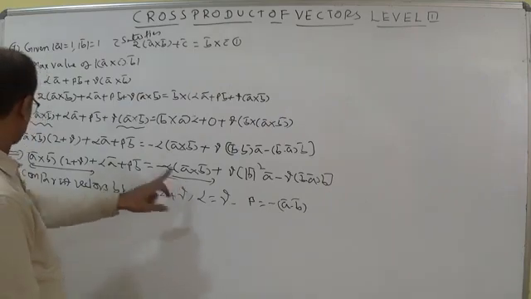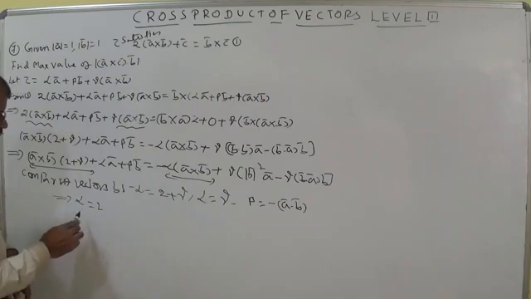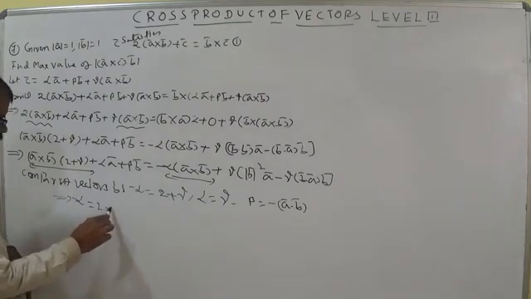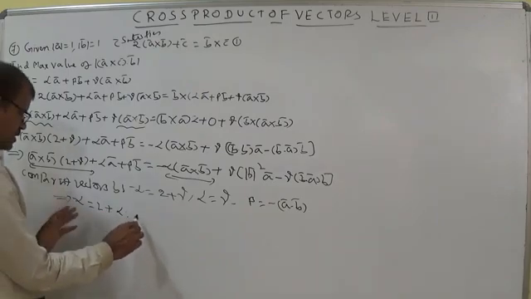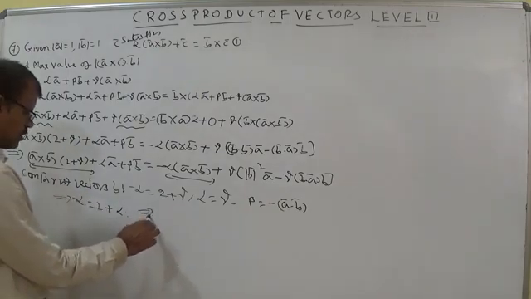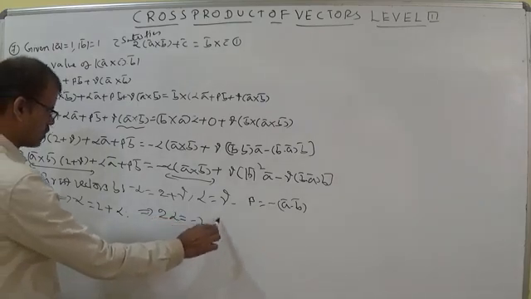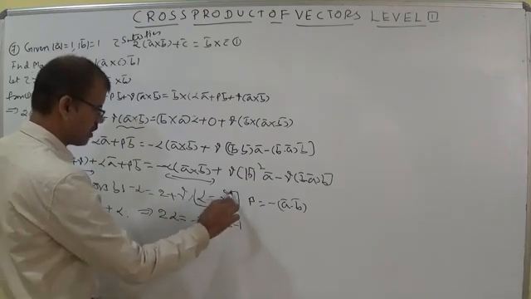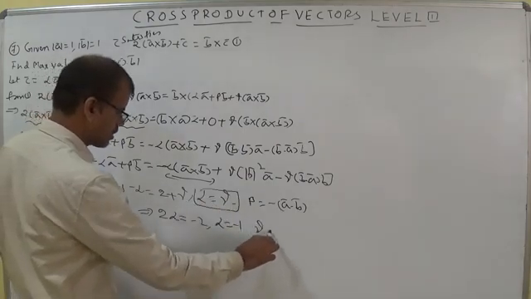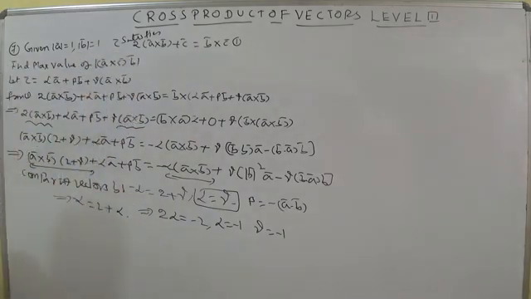Alpha is A cross B, here A cross B to 2 plus gamma, now you can write minus alpha. So minus alpha is equal to 2 plus alpha. Okay. Now alpha taken this side, no problem anyhow. Then you will be getting 2 alpha is equal to minus 2. Therefore alpha is equal to minus 1. Whenever alpha equal to gamma is there, now you can say that gamma is equal to also minus 1. But beta simply we left the value as minus A dot B.